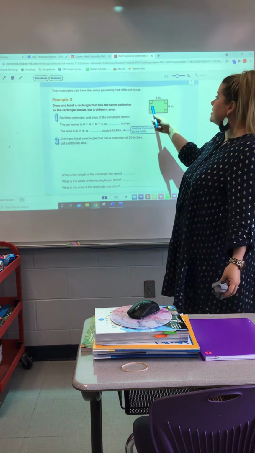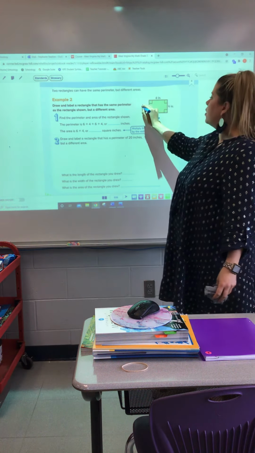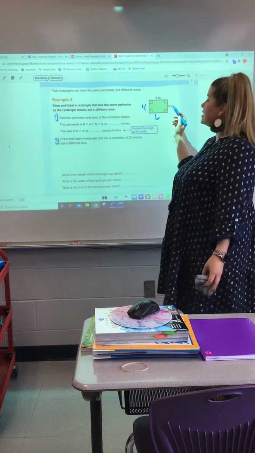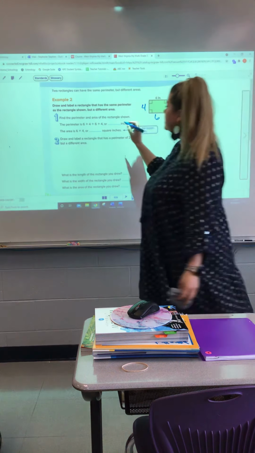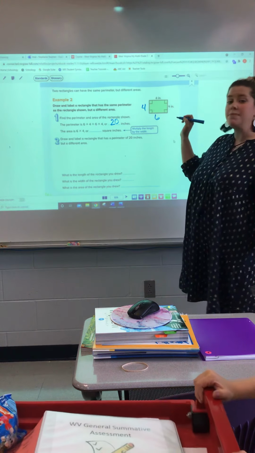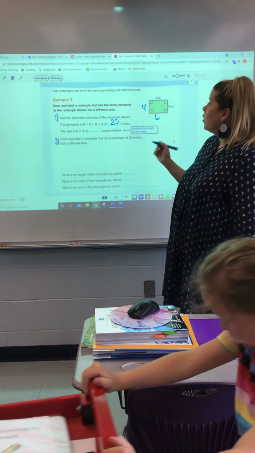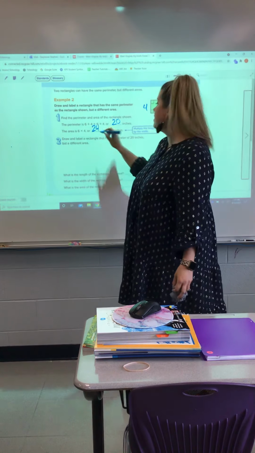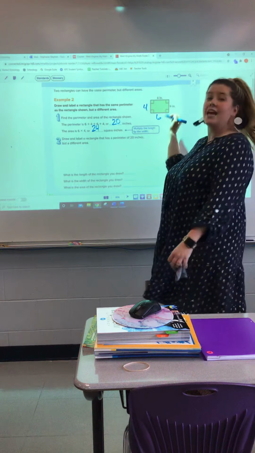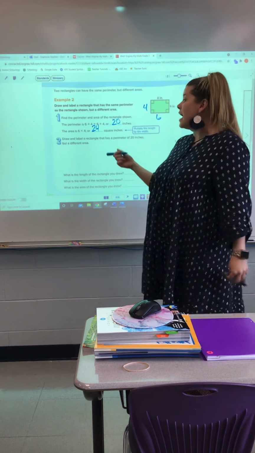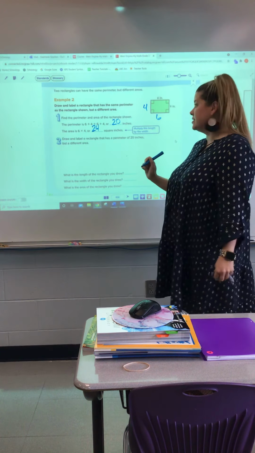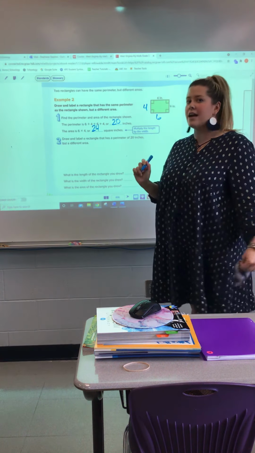The perimeter of this is 6 plus 6 plus 4 plus 4. 6 plus 6 is 12, plus 4 is 16, plus 4 is 20. The area of that shape is 6 times 4, or 24 square inches. So now I figured out the area and perimeter of that shape, but I want to draw and label a rectangle that has a perimeter of 20 inches, but a different area.